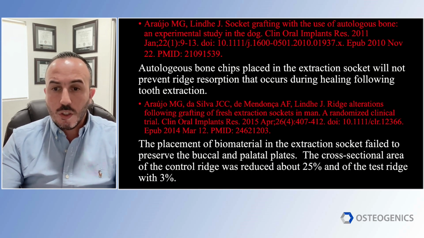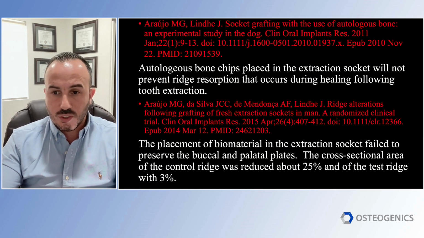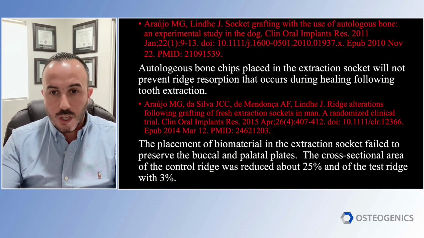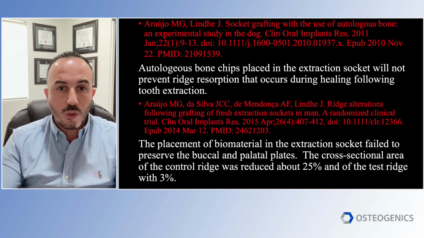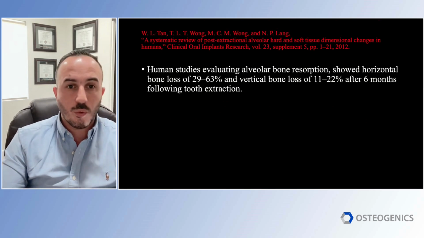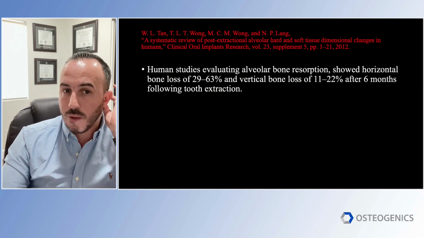What if we look at human studies and do alveolar ridge preservation in fresh extraction sockets? We still get ridge reduction. Then why do we preserve the ridge? Because what we do with ridge preservation is still way better, and we reduce ridge resorption a lot compared to if no intervention was done. We're going to review a lot of studies that talk about that.